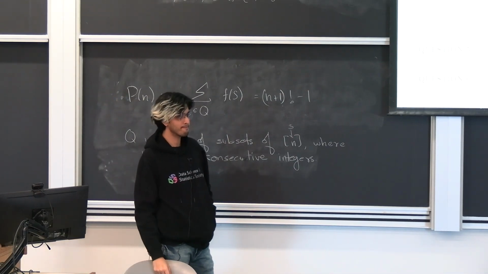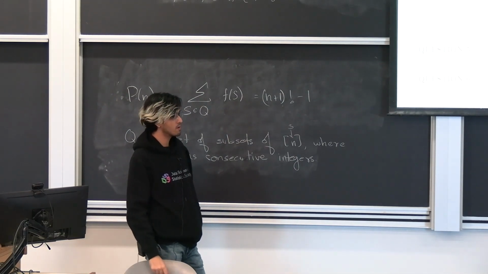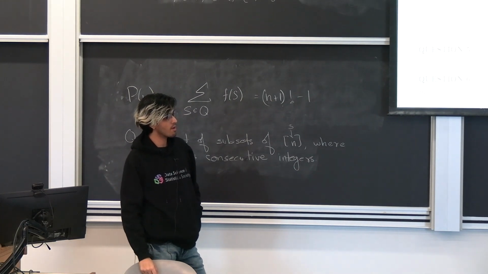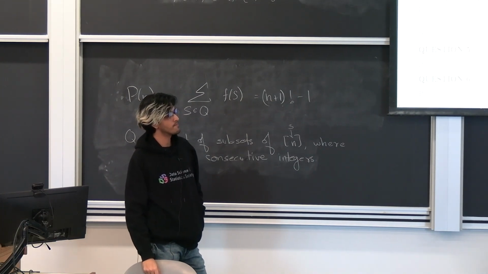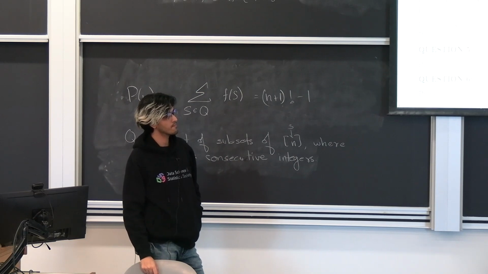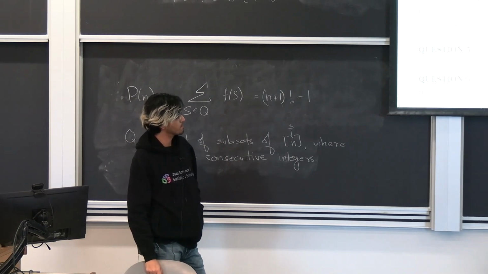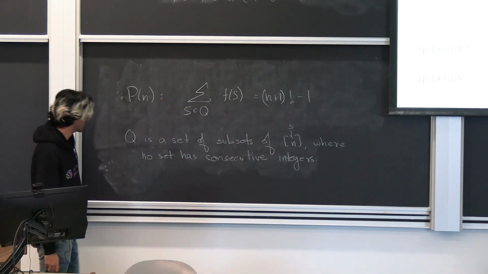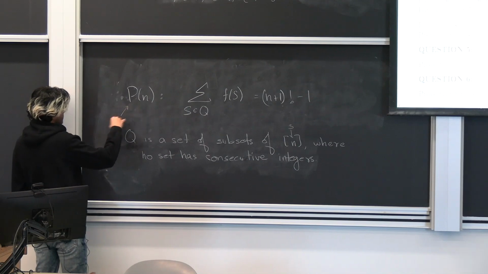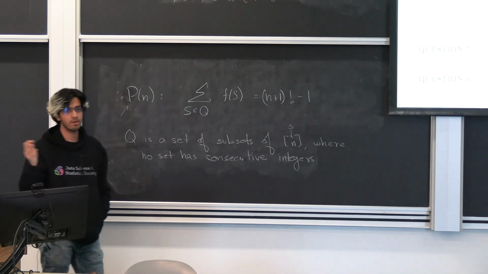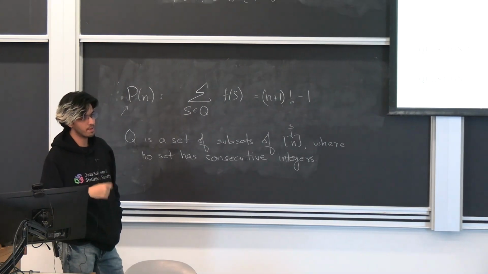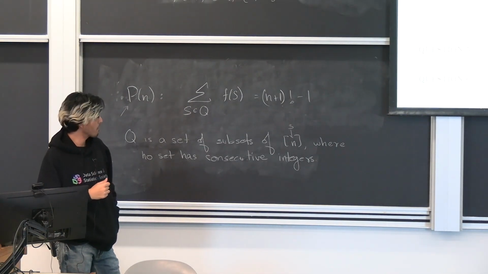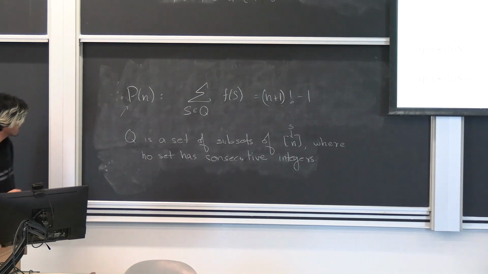I mean, the way I saw it was that if you have a set with n elements, and then you try to find the subsets with no consecutive integers, I feel that your induction hypothesis would be assuming something about P of n minus 1, P of n minus 2, some sort of P of n minus something, right? You're on the right track.